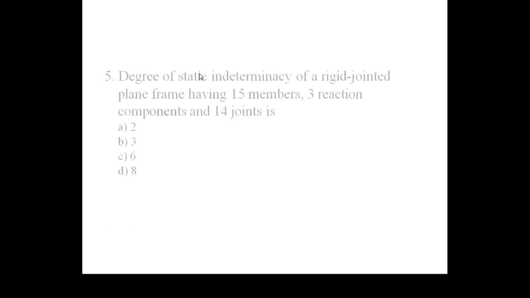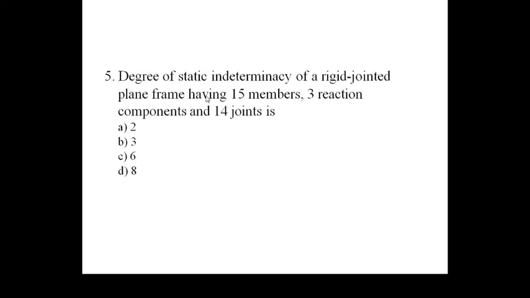Then coming to the last question of this session, that is the degree of static indeterminacy of a rigid jointed plane frame having 15 members. You see this one, how many members? 15 members, 3 reactions components and 14 joints.